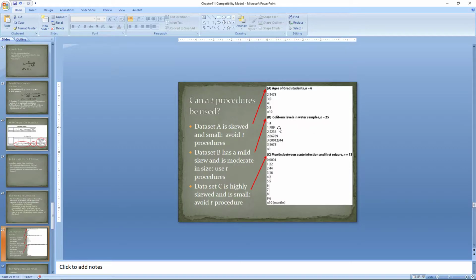It's somewhat reflecting maybe a bell curve, maybe if you had more samples, but our n is 25, and since it's not too much of a skew, we can use t-test procedures. Data C is highly skewed, so we're going to avoid the t-test procedures in this one, right? We have n equals 13, which would be a relatively good size, however it is significantly skewed, and there's not much we can do, so we wouldn't want to use a t-test procedure for this type of data.